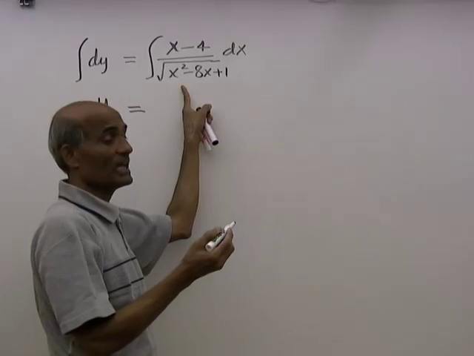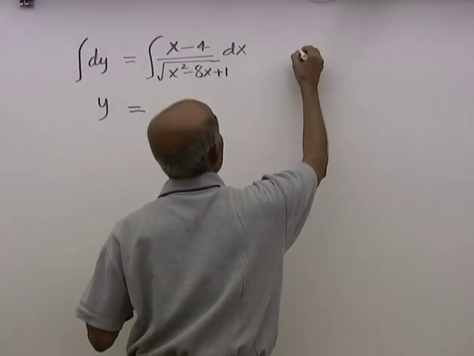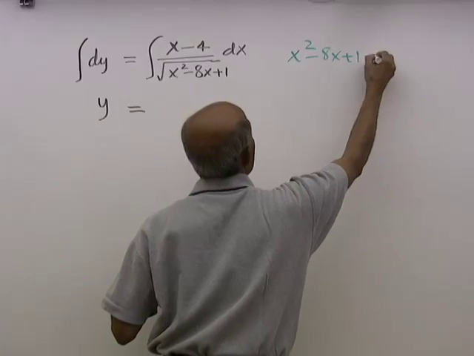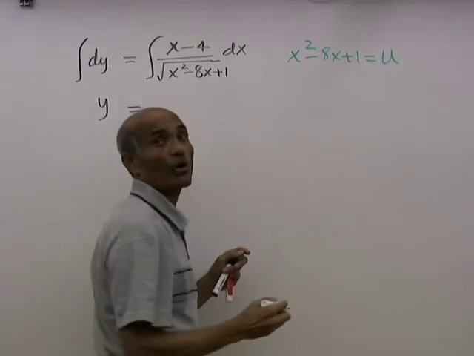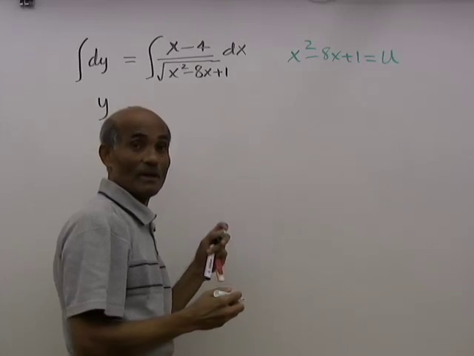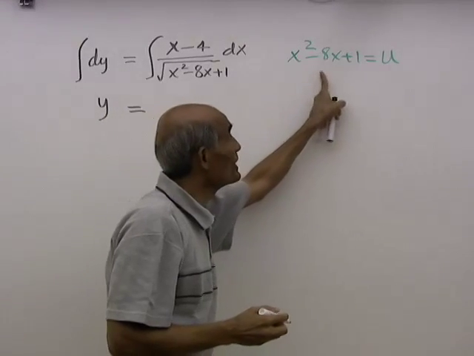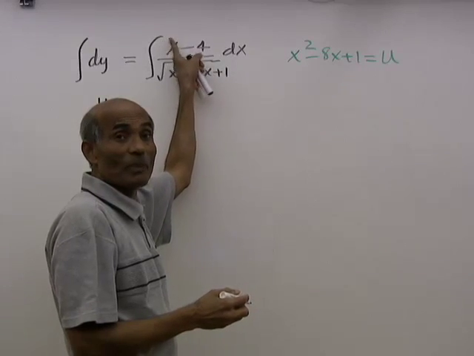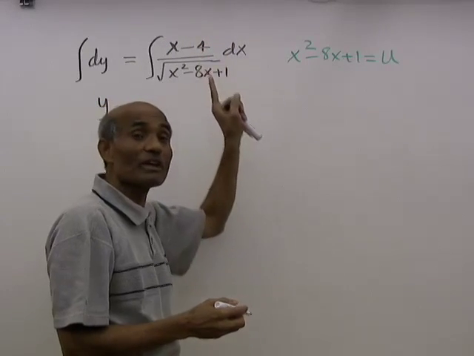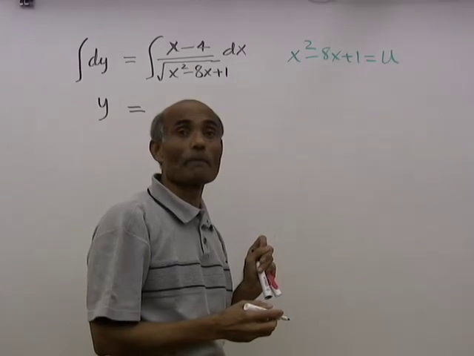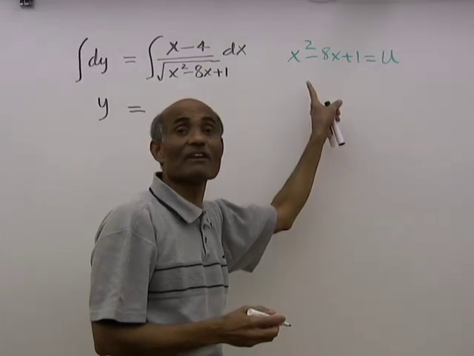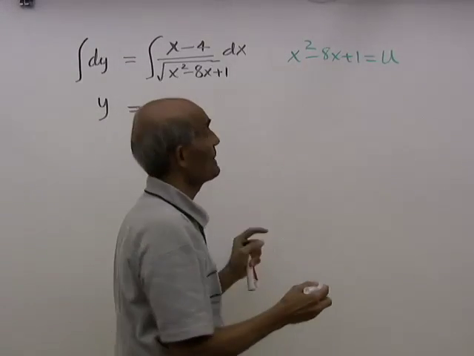Take the quantity inside the square root, and that will be x squared minus 8x plus 1, and we call it equal to u. And once you call this quantity equal to u, we need to replace everything else in terms of u. And the best way to look for it is to find the differential of our substitution.